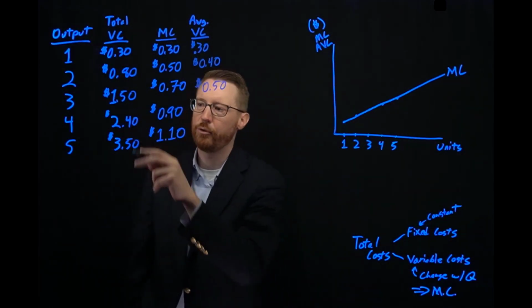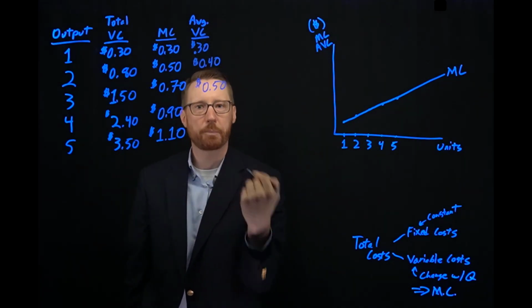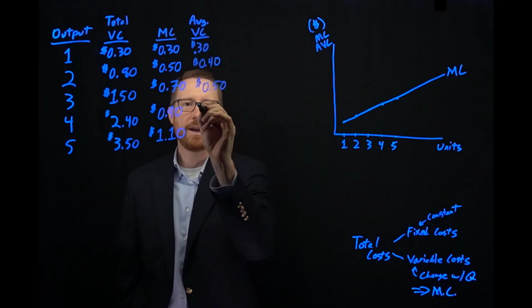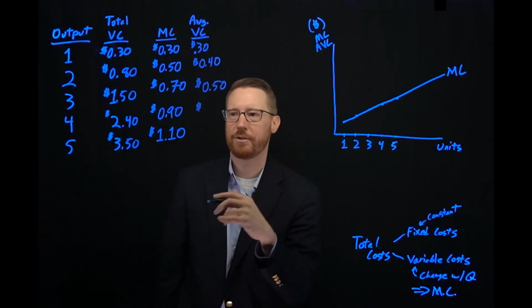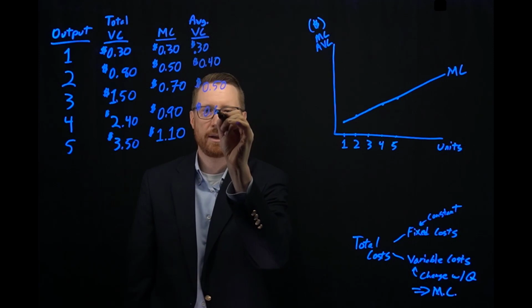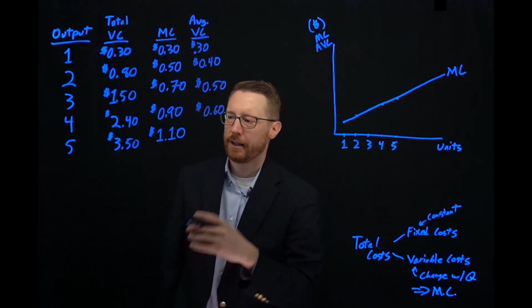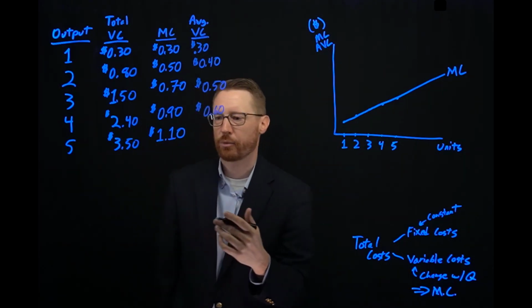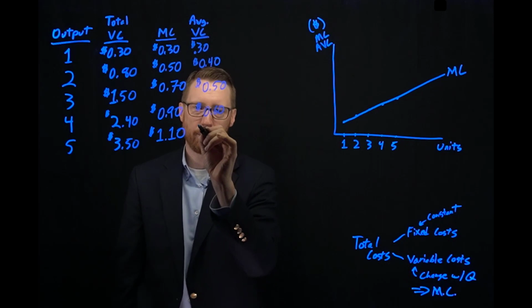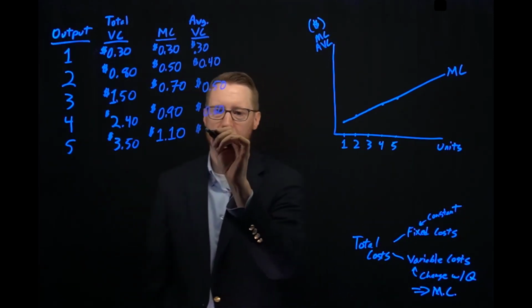For 4 cups at $2.40, so $2.40 worth of beans and labor spread across 4 cups of coffee means that our average variable cost is 60 cents. And then finally for 5 cups, if we make 5 cups and it costs us $3.50, how much are we putting towards beans and labor for each cup of coffee?